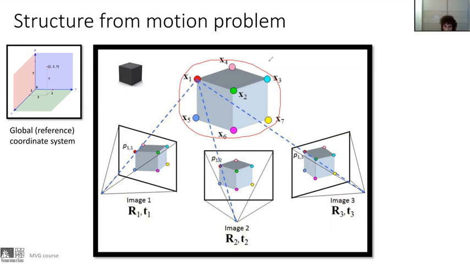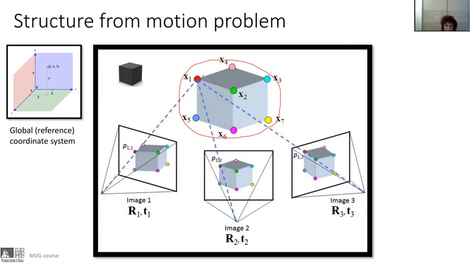I don't know the location of the 3D object. What I know is the following. I know that I have these 3 images, and I know that this red point and this red point and this red point are coming from the same 3D point in the space, but I don't know the 3D point in the space.